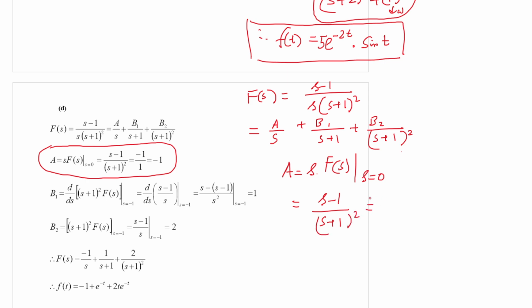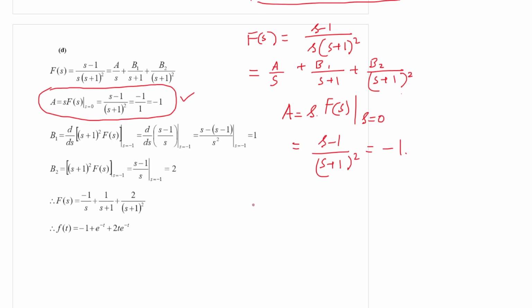So if you substitute s is equal to 0 here, a will be simply minus 1. Now similarly, if you solve for b2, it will be s plus 1 whole square into Fs at s equal to minus 1. So it will be s minus 1 by s, right? If you substitute s equal to minus 1 here, it will be 2.